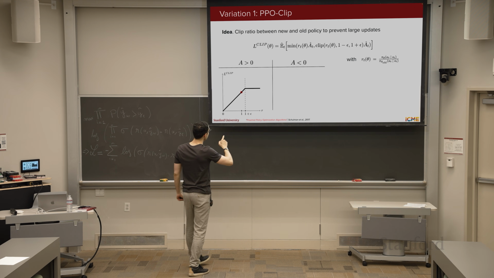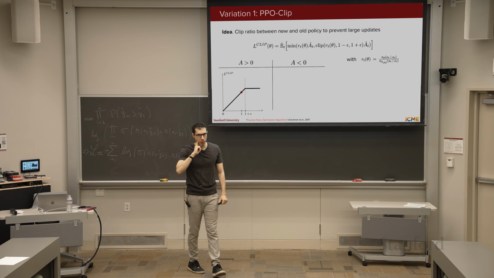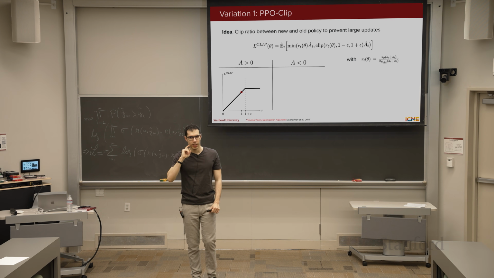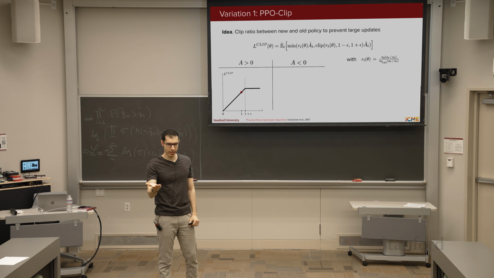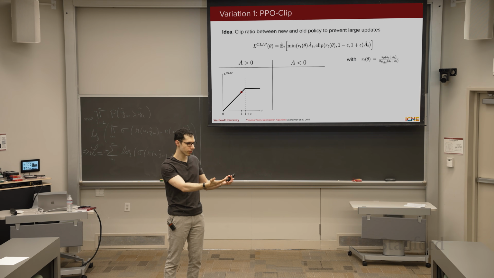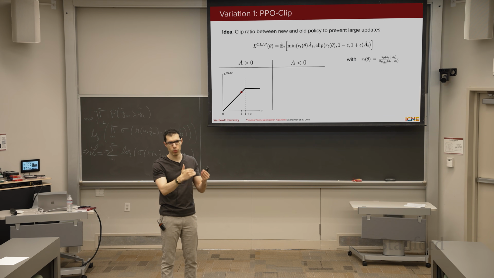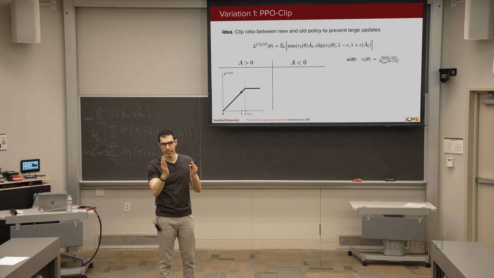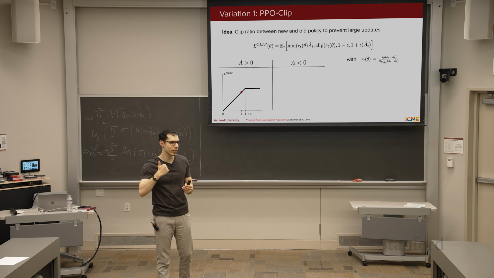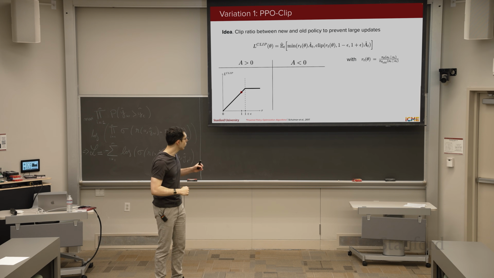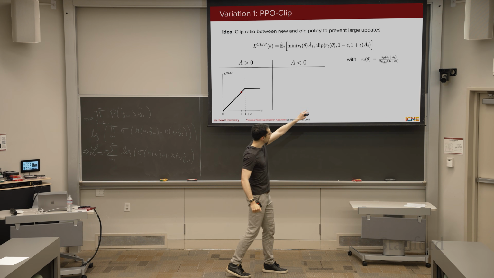Well, we need to think again about what R means. So if A is positive, meaning it's something that we want to reinforce, we typically want the probability of whatever happened to be increased. So we want R to be higher.